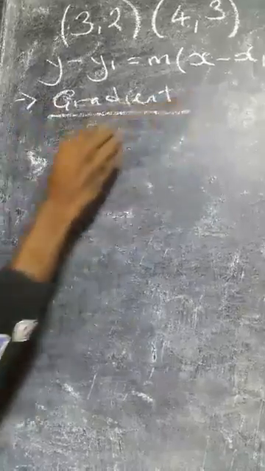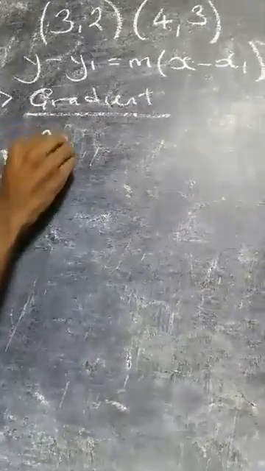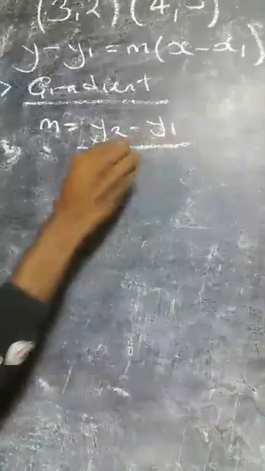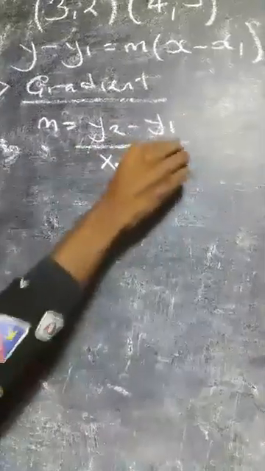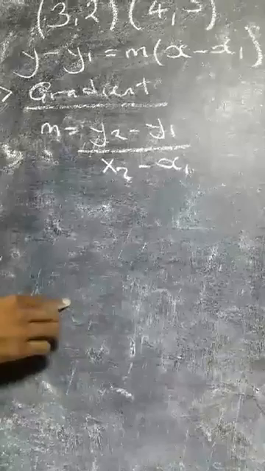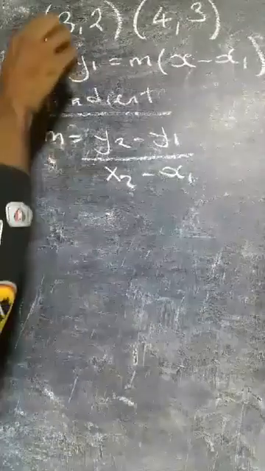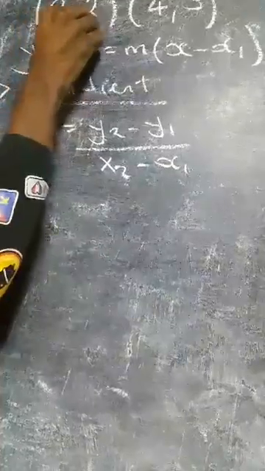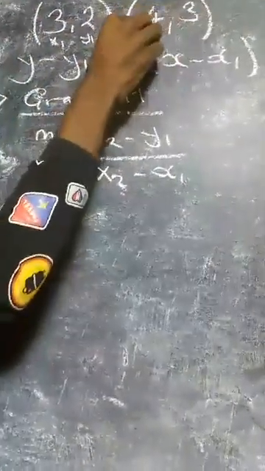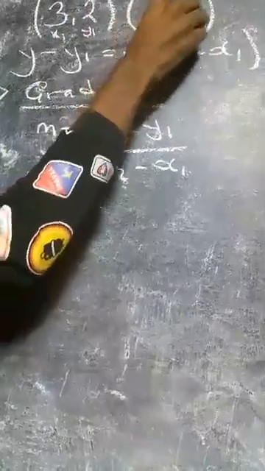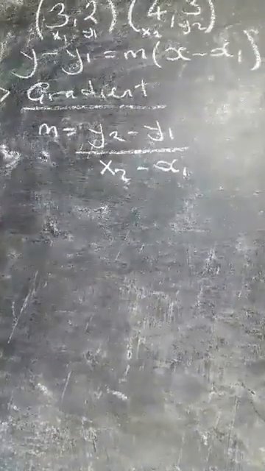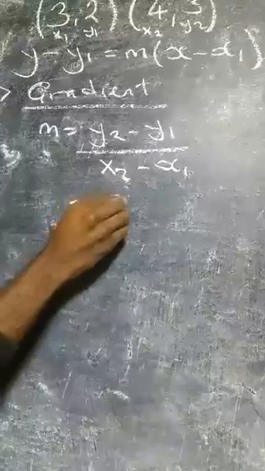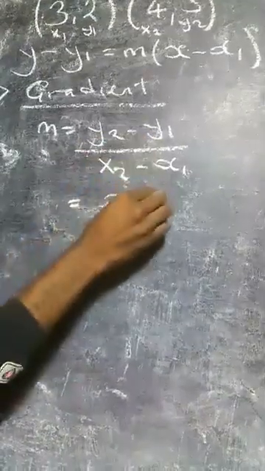So what do we know? M is equal to y2 minus y1 over x2 minus x1. So 3, 2 is our x1 y1, 4, 3 is our x2 y2. So we definitely know that our y2 is a 3 minus our y1 is a 2.